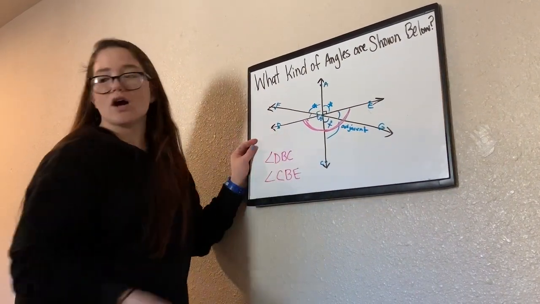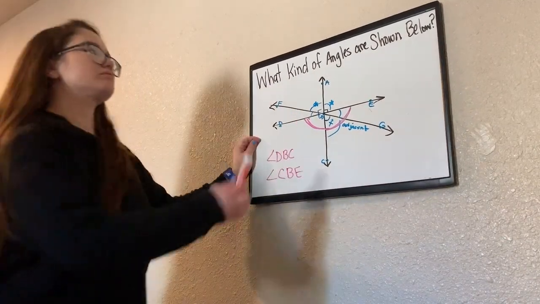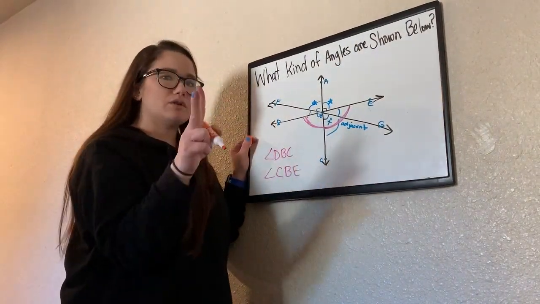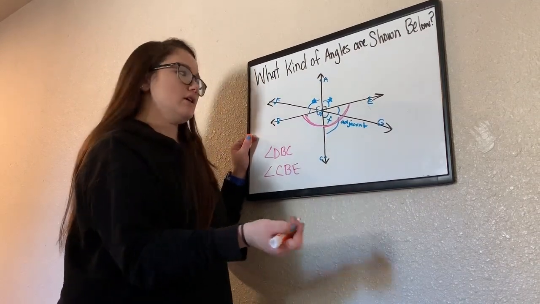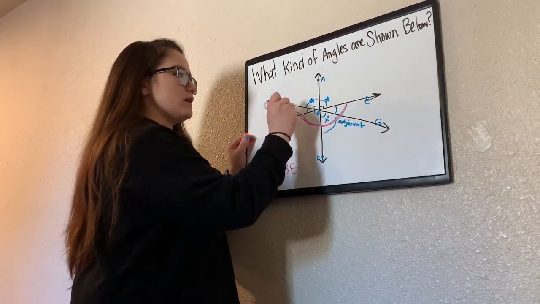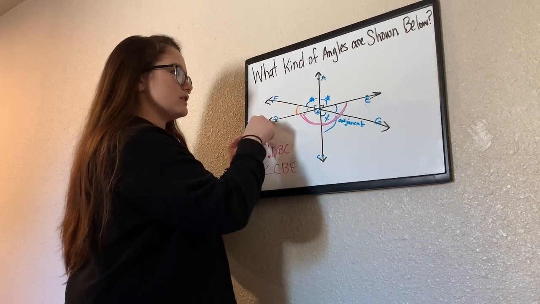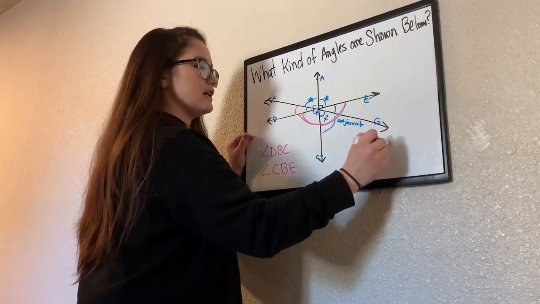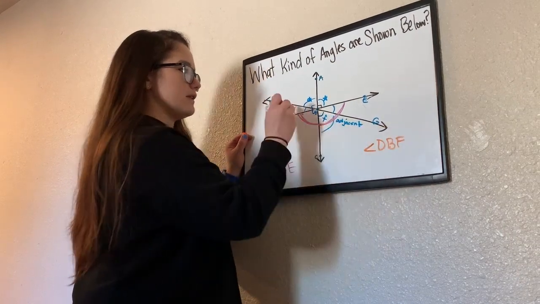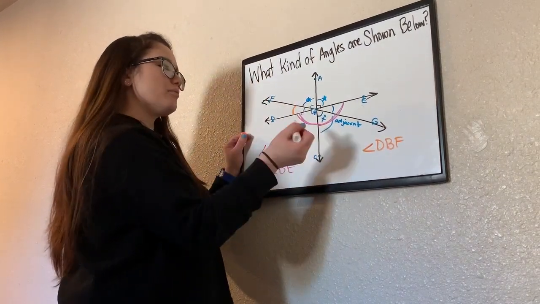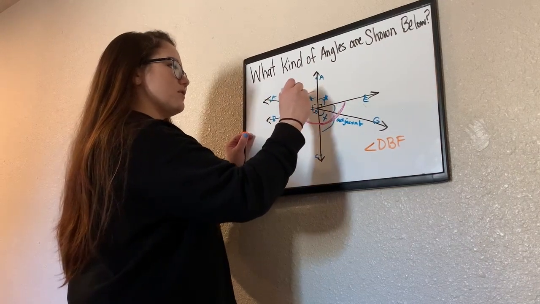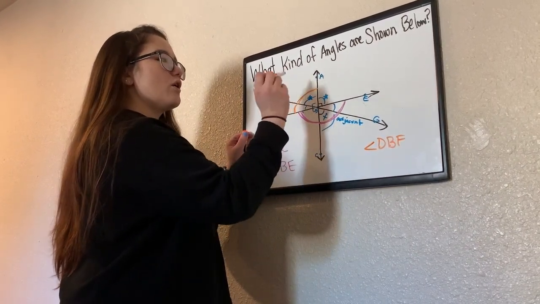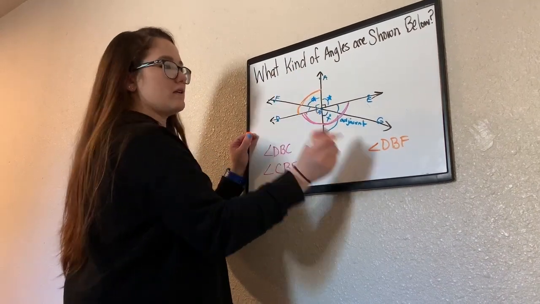Okay, for a complementary angle, remember, it is two angles that add up to 90 degrees. So a complementary angle could be this angle here, which is DBF. So angle DBF here is complementary to this angle here, which we can say FBA, or we can also say ABF, either way.